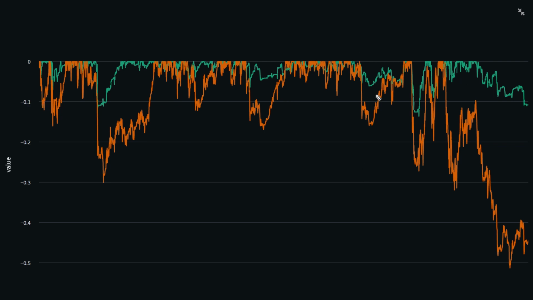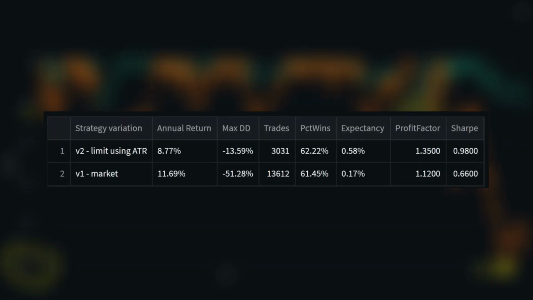These are the curves of open drawdown, i.e. an open loss of each system's variation at any given time. While the version that uses limit orders based on ATR has recorded a maximum drawdown of about 13%, the original version's figure is just above 50%. Now, this is a huge improvement, and the orange version of this system is simply not viable to trade in the real markets.